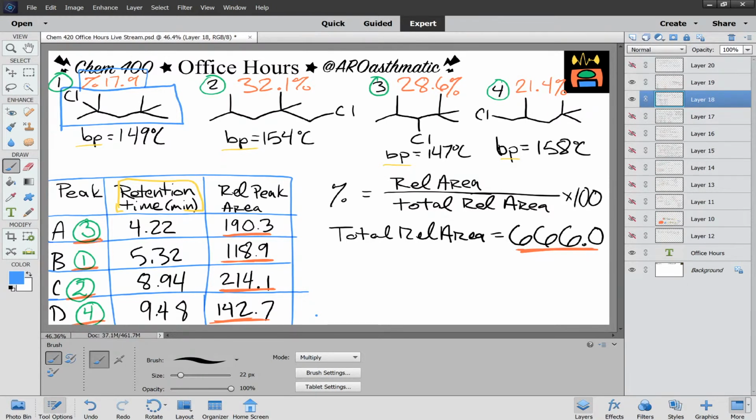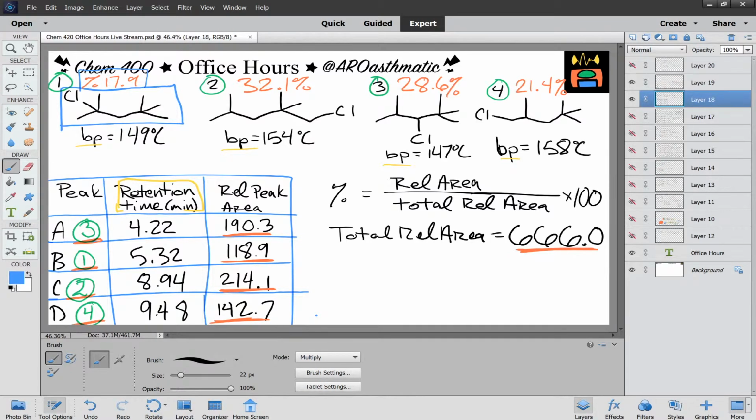So with this product, it came from the most stable radical, but it is a minor product. It's not the major product. And the reason why is there are two factors that determine product distribution for radical halogenation reactions. And those two things are, one, radical stability, two, the statistical availability of hydrogens.